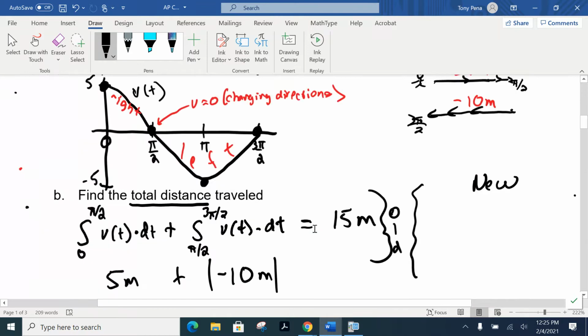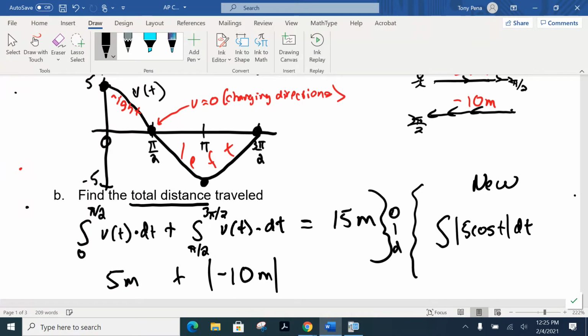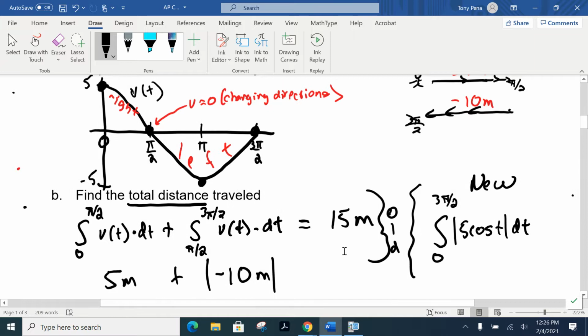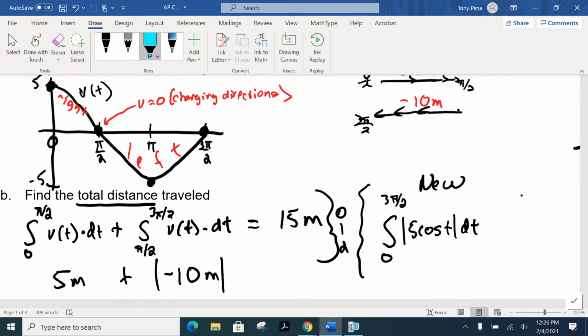We're going to integrate the absolute value of our velocity. So that's our velocity function. We're not going to worry about the change in directions because the absolute value bars are going to take care of that for us. So we're just going to do the entire interval of 3 pi over 2. When we throw this into our calculator, it better spit out the same value that we just got here.